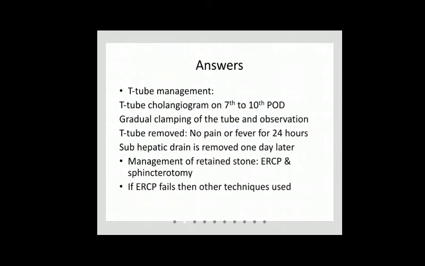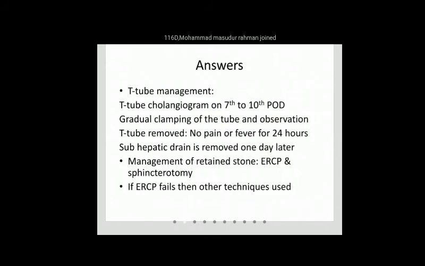What are the K dependent factors? Factors 2, 7, 9, 10. Is it correct? Yes, sir. So there is a prolonged prothrombin time and the patient develops coagulopathy.